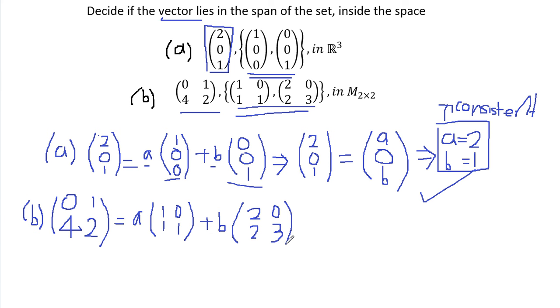Now let's see if we can express it in this way. Same again, we expand the matrices and write it in the simplified form. From the first row, first column: A times 1 equals A, plus B times 2 equals 2B, so A plus 2B.